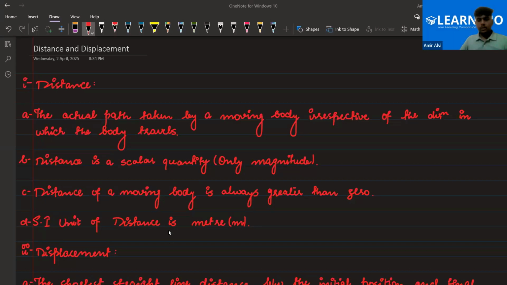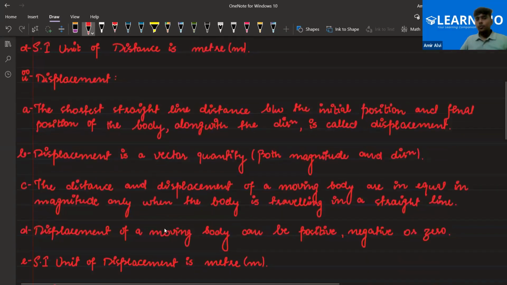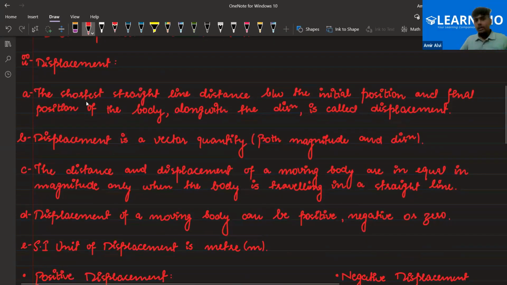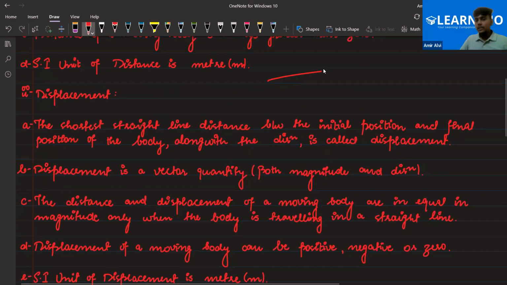Now let's talk about displacement. As I've told you, displacement is the shortest path between the initial point and the final position of the body, along with the direction. In displacement, direction will matter. If you are going in this direction or in this direction, this will matter a lot.